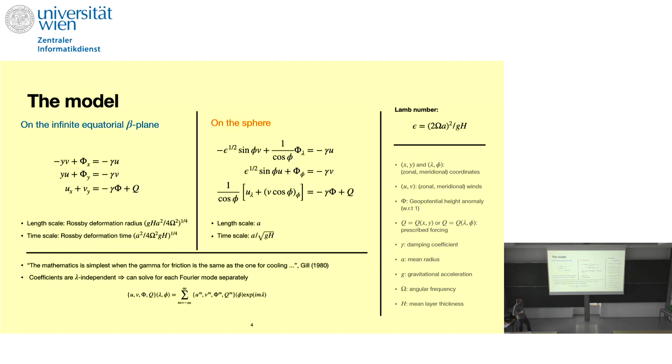And a key property of the system on the infinite equatorial beta plane is the fact that the free system, that is with a zero right-hand side, with no dissipation and forcing, can be made parameter free.